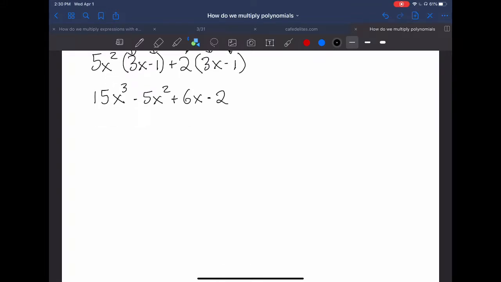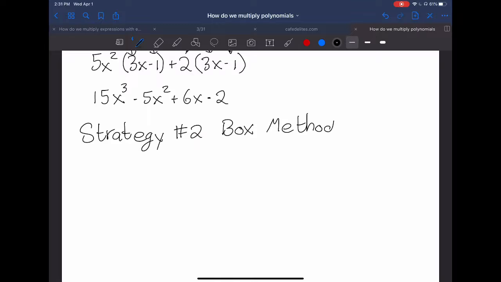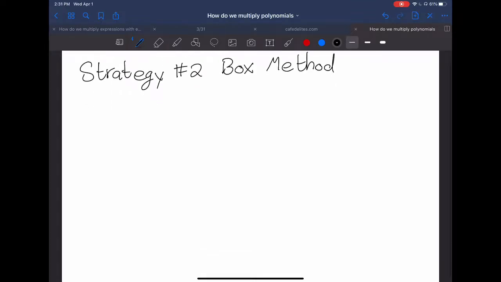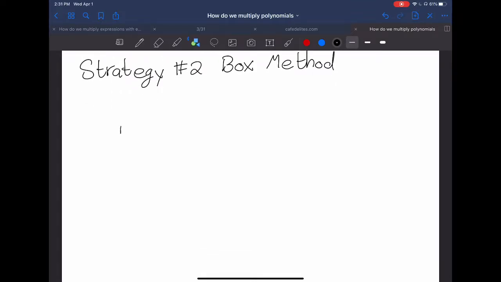Let's try it with a different strategy. So strategy number 2 is the box method, just like before. So I can start with my box.